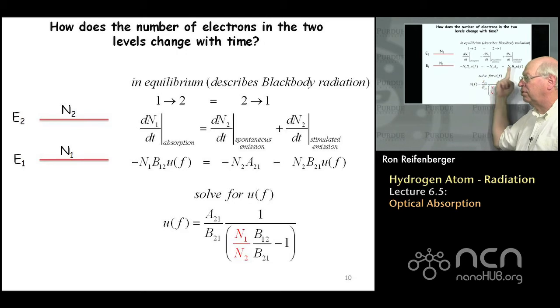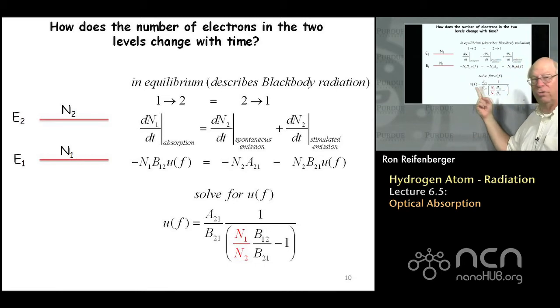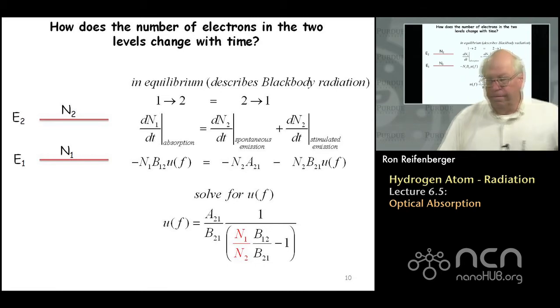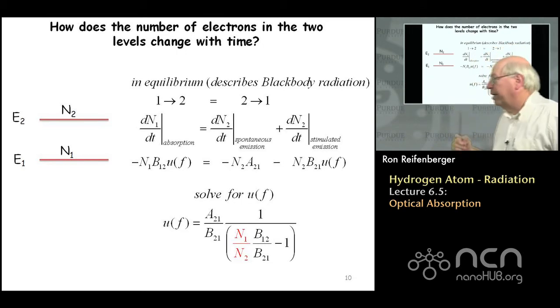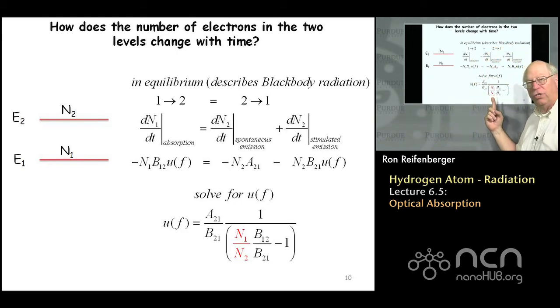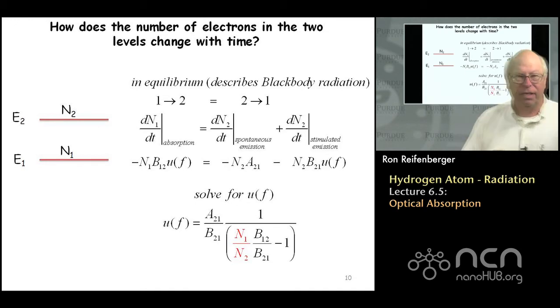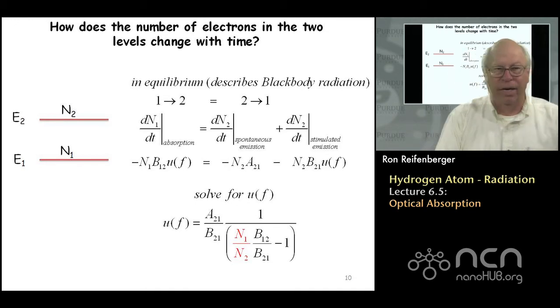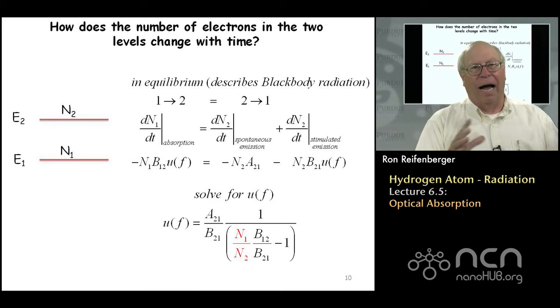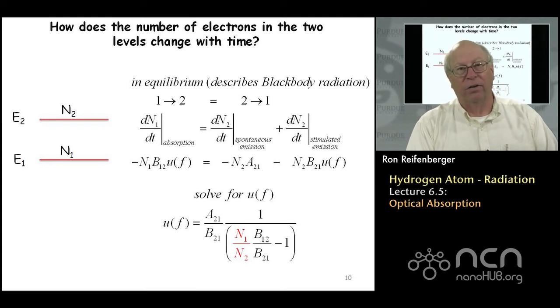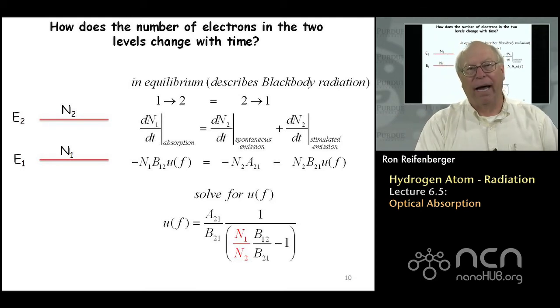There's about two lines of algebra to go from here to here. You can check my arithmetic. But this is the equation that you need for U sub F. It turns out that you can estimate this ratio of N1 over N2, right? And that can be done using classical thermodynamics. We will derive that expression in a later lecture in about two weeks from now.